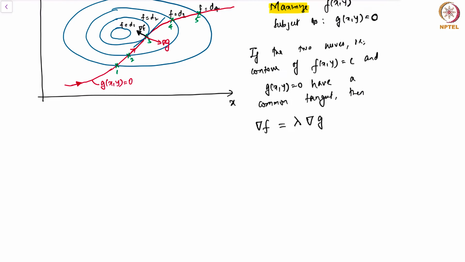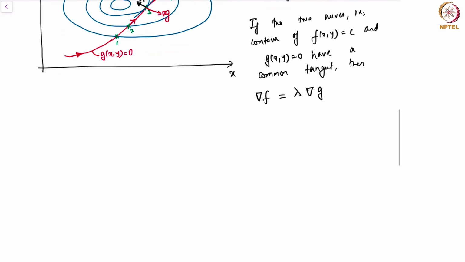We introduce a scalar lambda, which says that these two gradients can be related to each other. This new variable lambda is called the Lagrange multiplier.